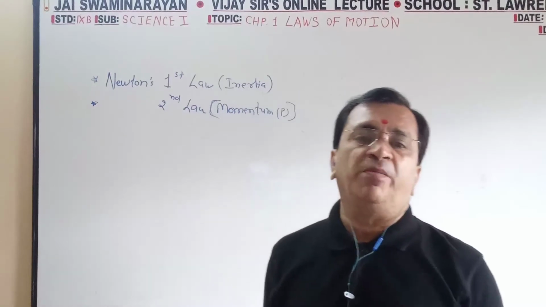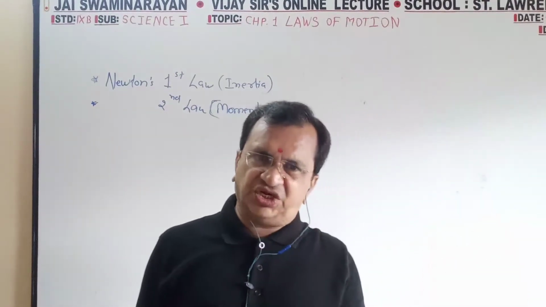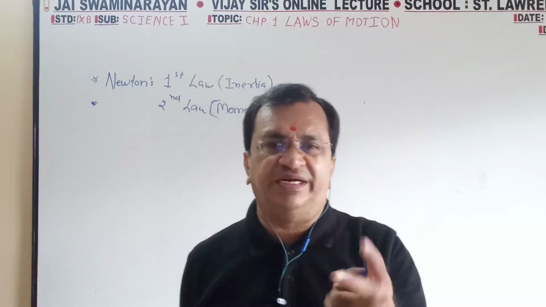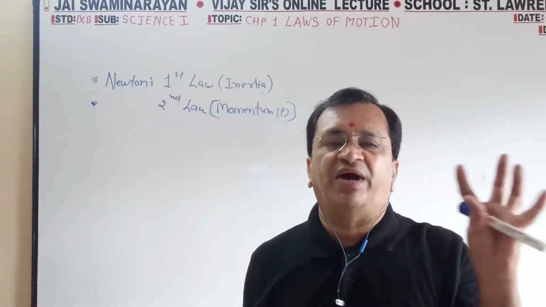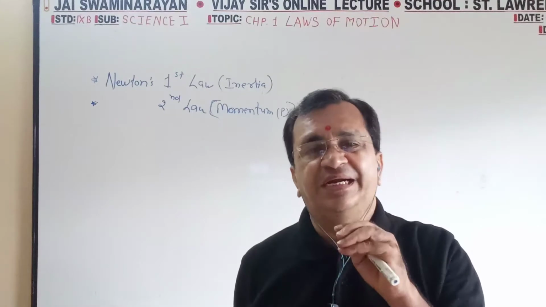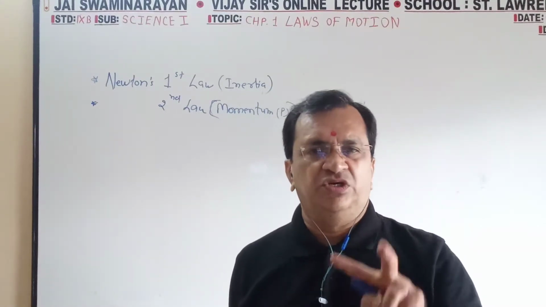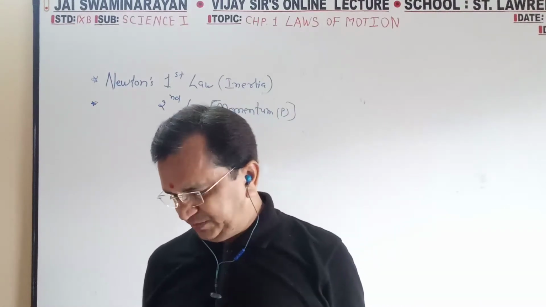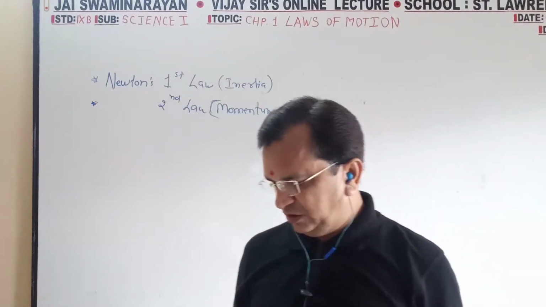Rate of change of momentum means the difference between final momentum and initial momentum, divided by the time taken. So change in momentum divided by time is the rate of change of momentum.